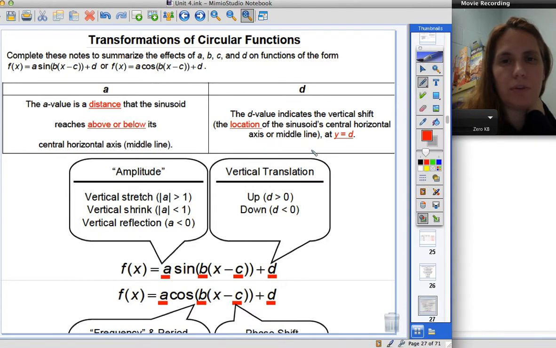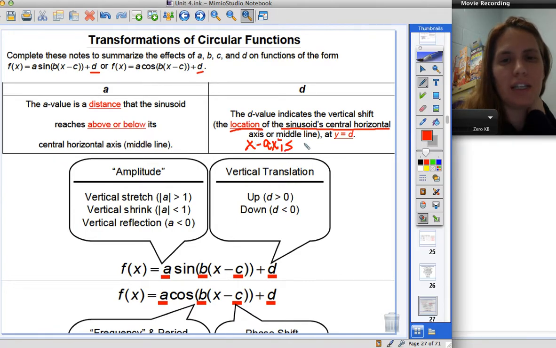Same type of transformation. Now your D value at the very end is still going to shift up and down. But what that actually shifts is the location of the sinusoidal line. Normally, without doing any transformations, the sinusoidal line is at the x-axis.